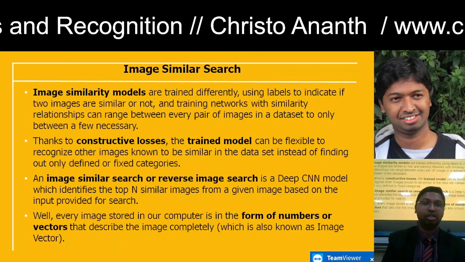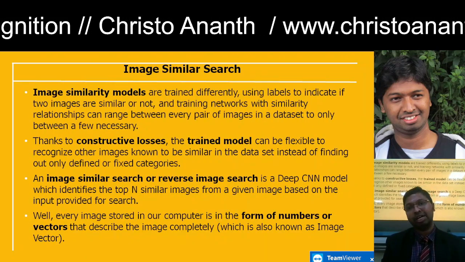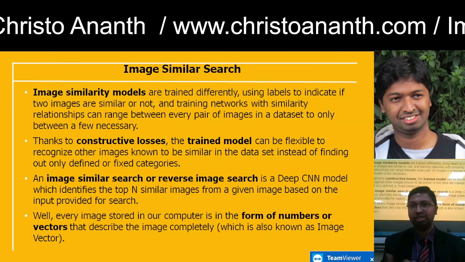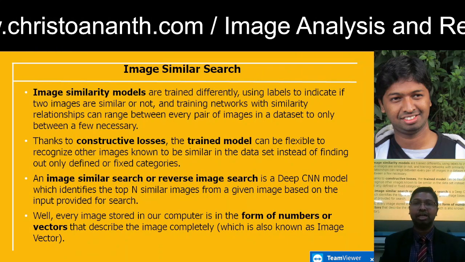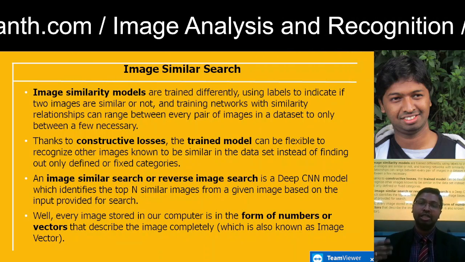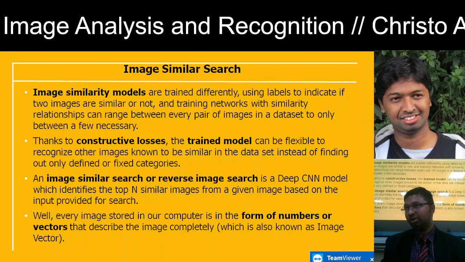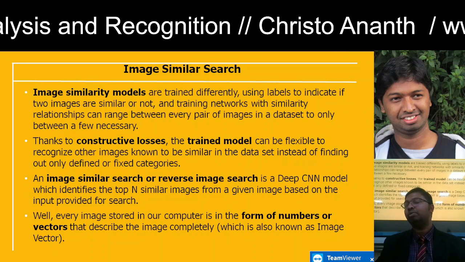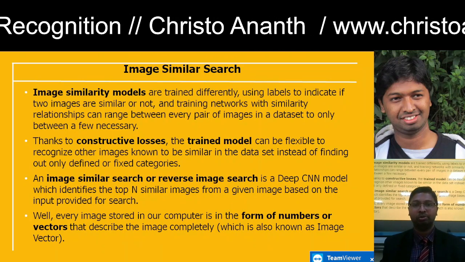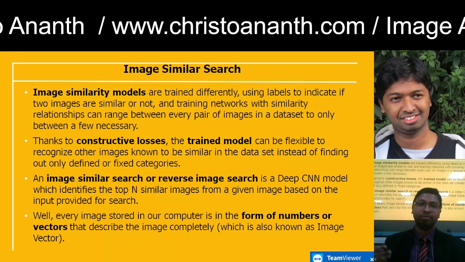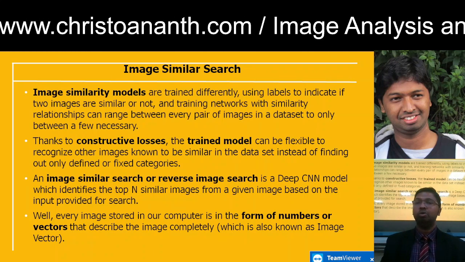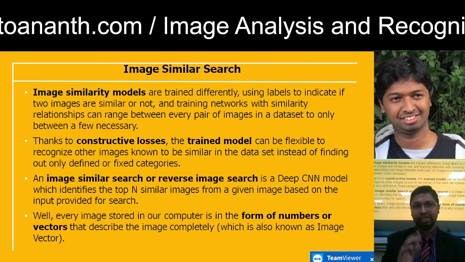So image similarity models are trained differently using these labels, and you indicate whether two images are similar or not, whether there is some relationship between the images, and whether training is required. Thanks to the contrastive loss, the trained model will be flexible enough to recognize which images are present in this data set.